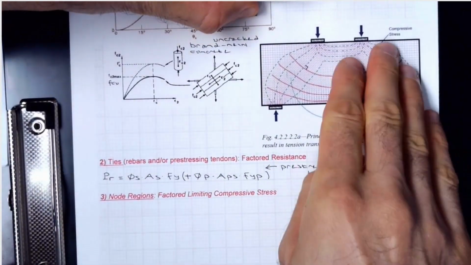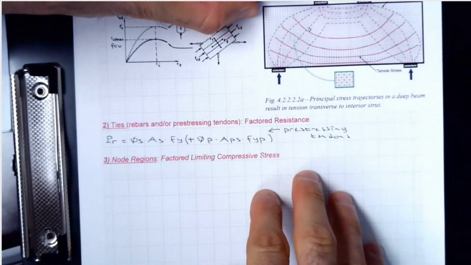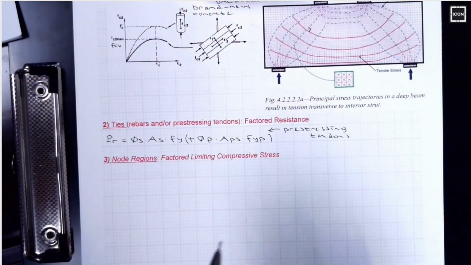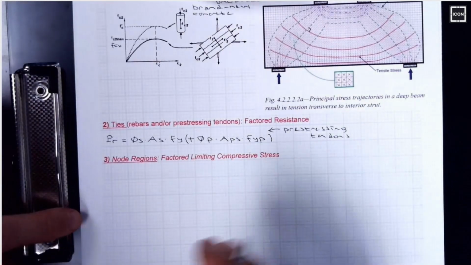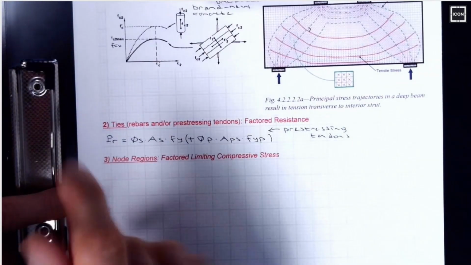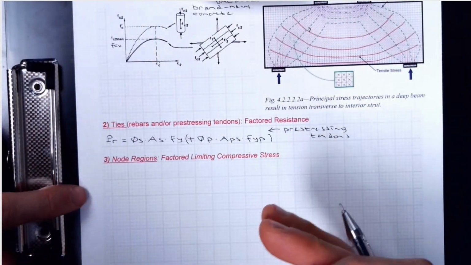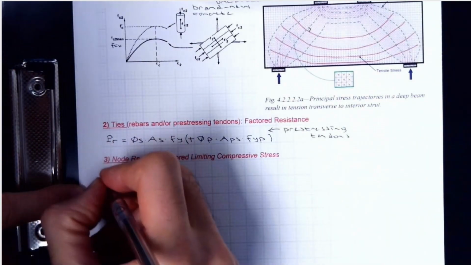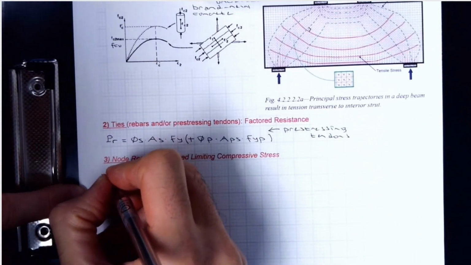So the first one is strut capacity, the second one would be tie capacity, and the third one would be node regions. So there are 3 types of nodes, and I'm going to discuss those three types.